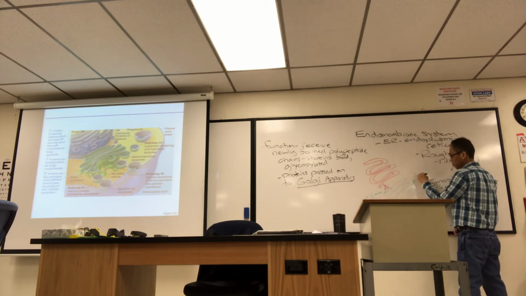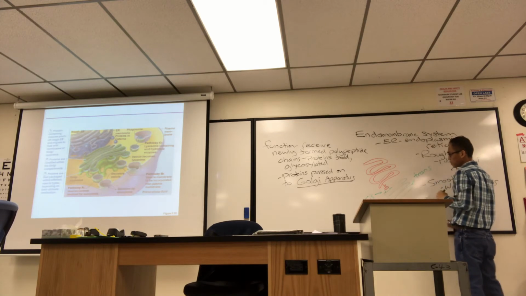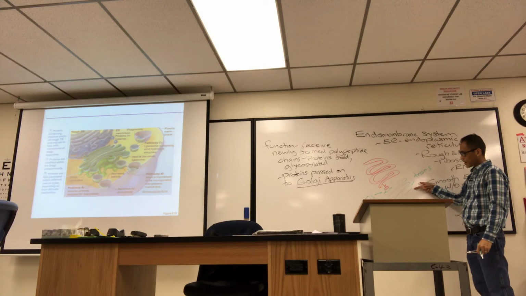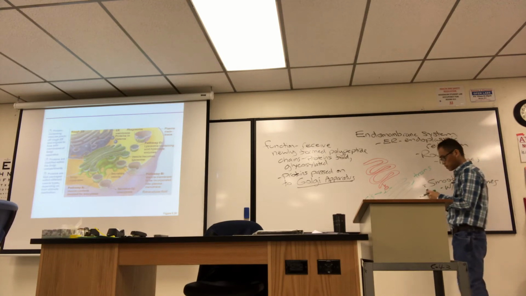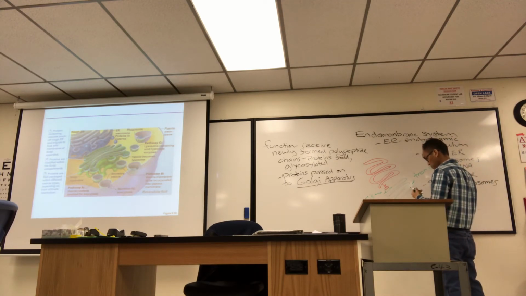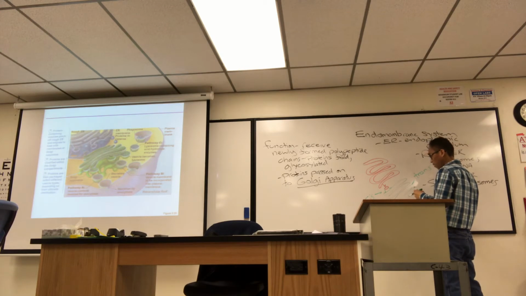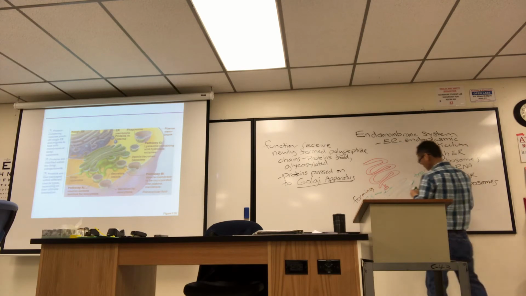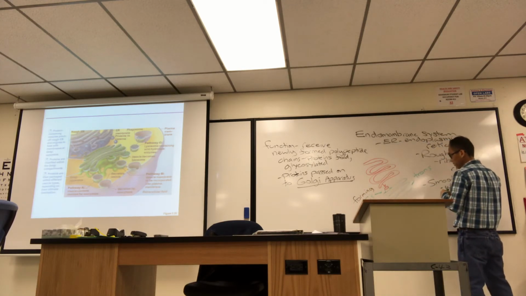I'm writing cis and trans. Biologists refer to the side receiving there as cis, the side opposite trans. Or sometimes, instead of cis, they'll call it forming phase, depending on what book you read, or maturing phase on the other side.